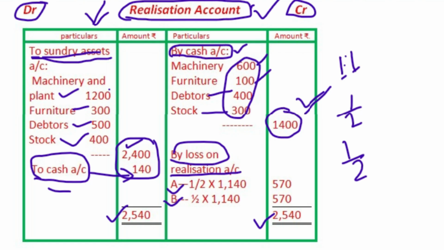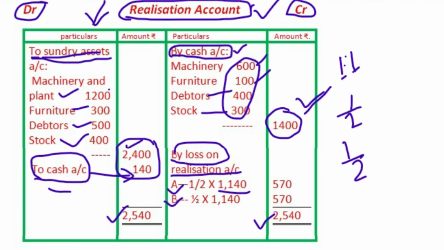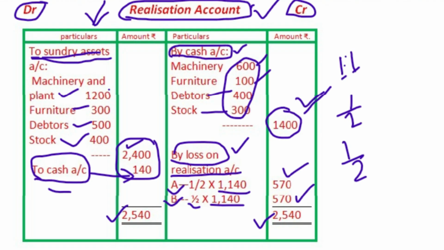Half of 1140 is 570. So each partner is entitled to an equal amount. If there is a profit, it will be shared equally, and a loss will also be shared equally. So this is the realization account.